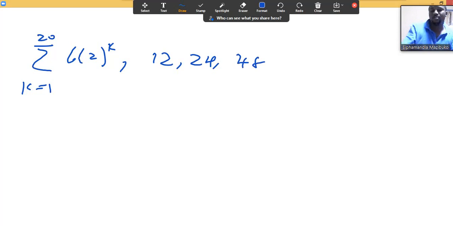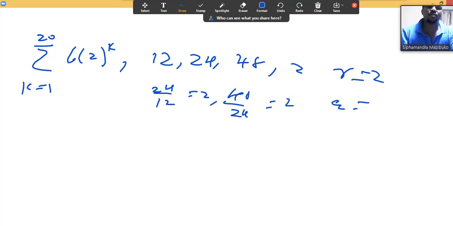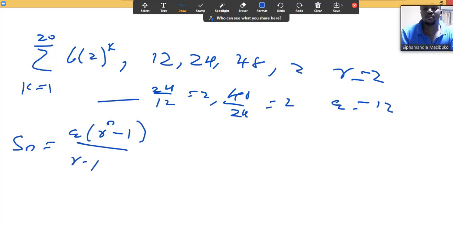So you can still look at the ratio, dividing by the previous term. 24 divided by 12 is 2, and 48 divided by 24 is 2, so our ratio R is equal to 2 and our A is equal to 12. We just put it in the equation, A into R to the power n minus 1, over R minus 1.